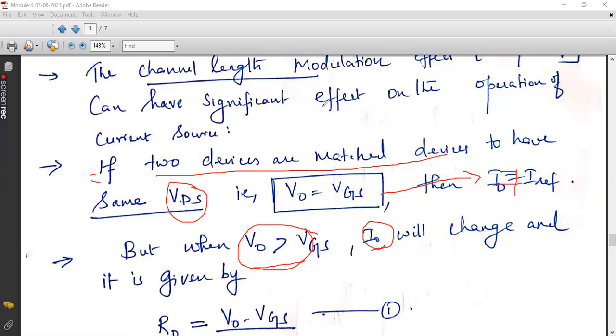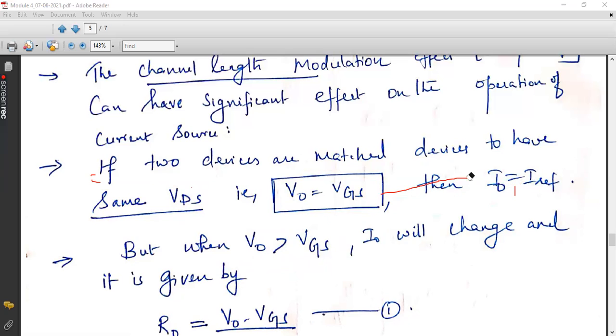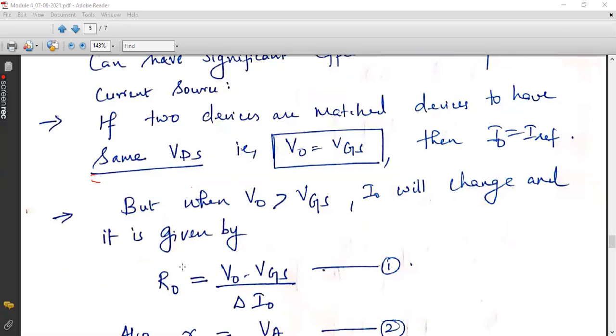So that change we need to consider here, and how we are going to write an equation corresponding to this particular change in your current. So this change in I naught will result in a resistance called R0, right? So that output resistance R0 is nothing but the change in the voltage divided by the corresponding change in current. Actually, you require to maintain this equality, right?